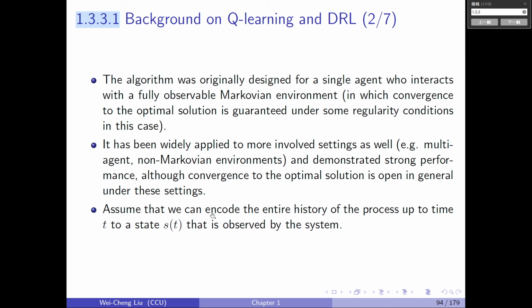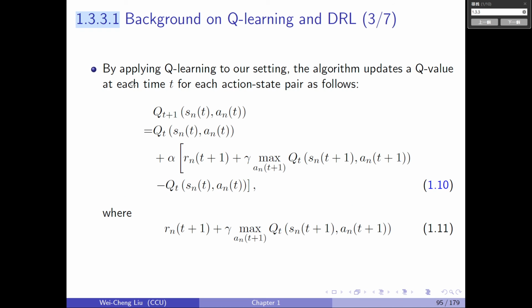Assume that we can encode the entire history of the process up to time t to a state S of t that is observed by the system. By applying Q-learning to our setting, the algorithm updates a Q value at each time t for each action-state pair as follows.